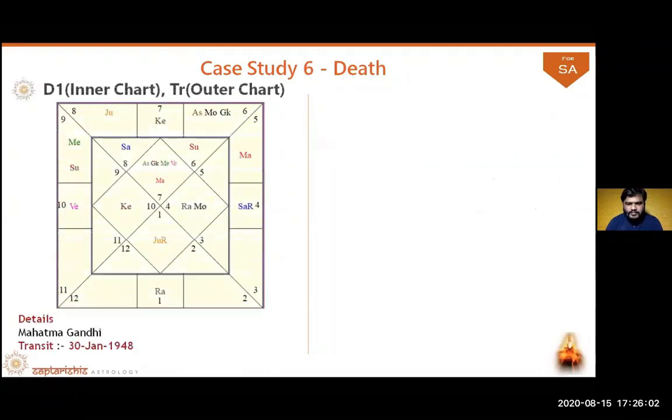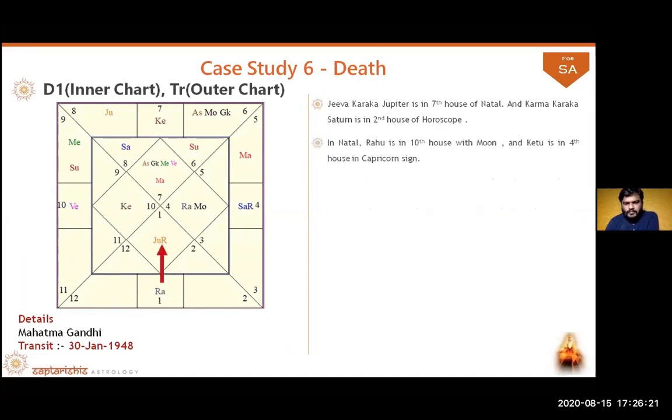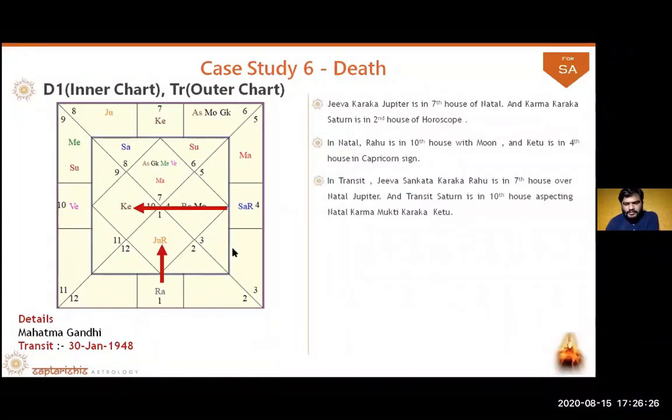Now again, a simple example. We can take Mahatma Gandhi's chart. In this chart again, Jeev Karaka Jupiter is in the 7th house. Karma Karaka Saturn is in the 2nd house. Rahu is in 10th house, Ketu is in 4th house. Now see, in transit, Jeev Sankatakaraka Rahu is in 7th house over the natal Jupiter.